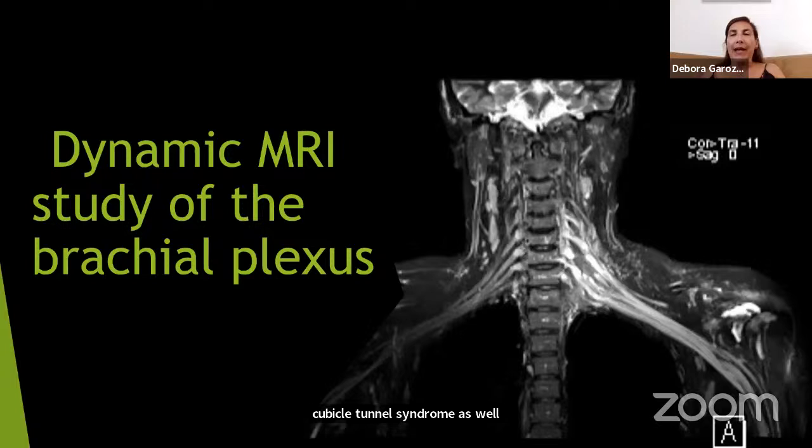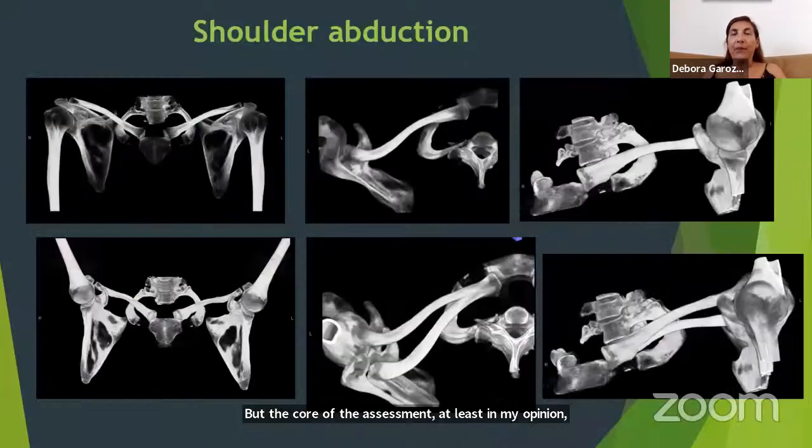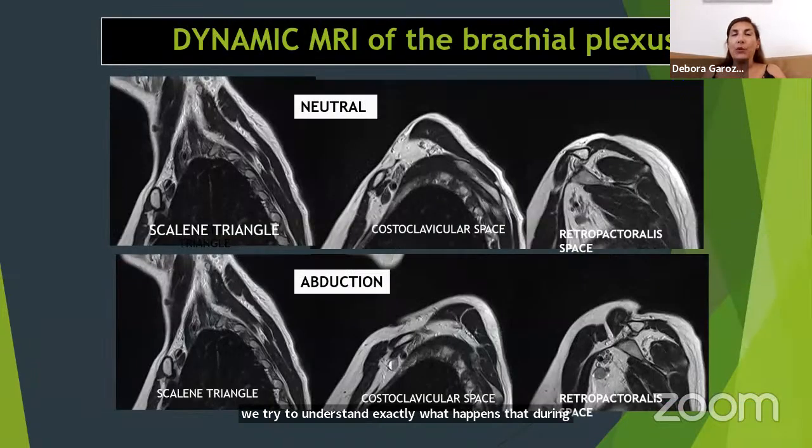But the core of the assessment, at least in my opinion, is a dynamic study of the MRI of the brachial plexus. What we try to do is understand exactly what happens during shoulder abduction. We study the patient focusing on the scalene triangle, the costoclavicular space, and the retropectoralis space, both in neutral position and in shoulder abduction.